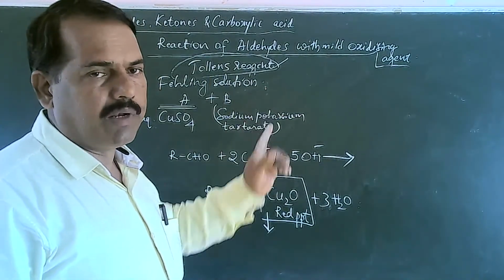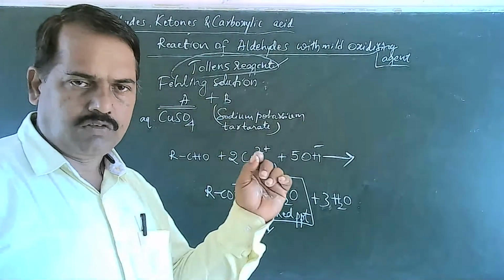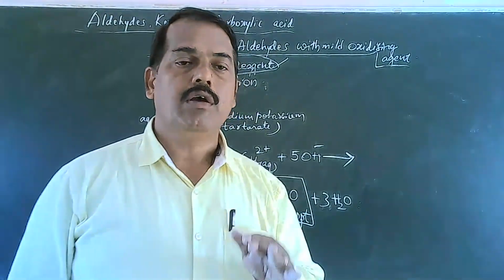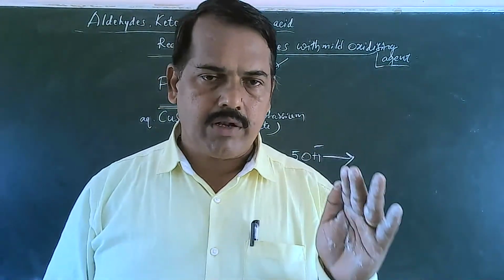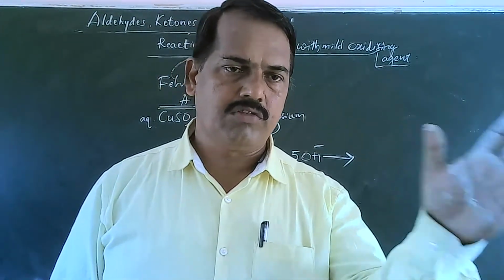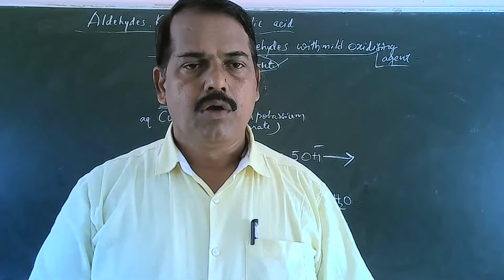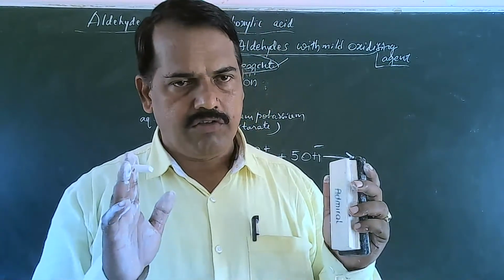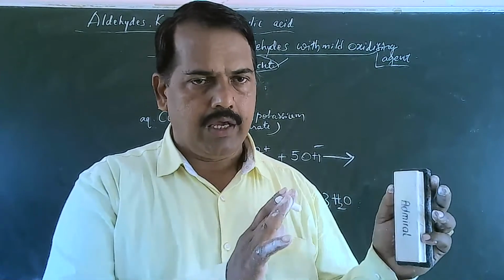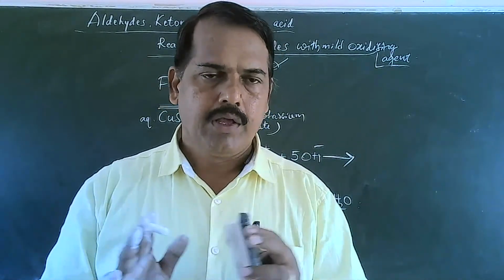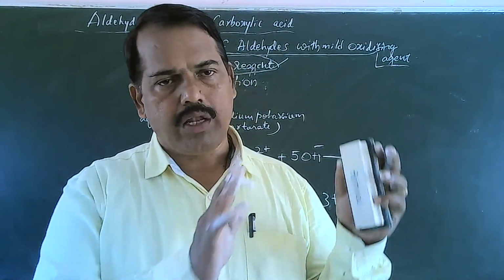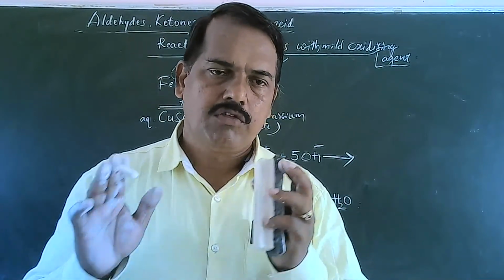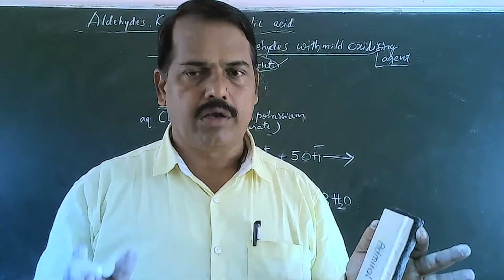Dear students, we completed Tollens reagent as well as Fehling solution. What is Tollens reagent? Ammoniacal silver nitrate solution is called Tollens reagent. What is Fehling solution? Fehling solution consists of two parts, Fehling A and Fehling B. Fehling A is an aqueous copper sulfate solution, and Fehling B is sodium potassium tartrate.